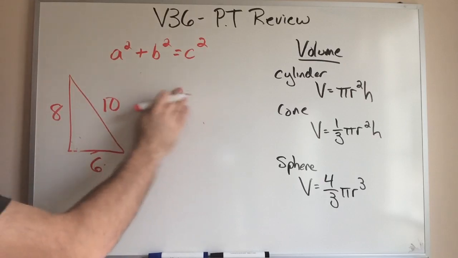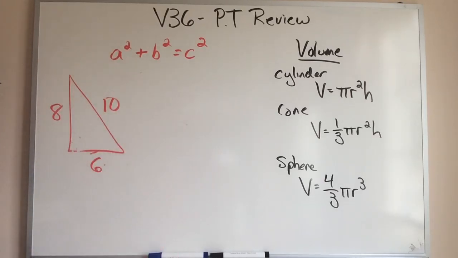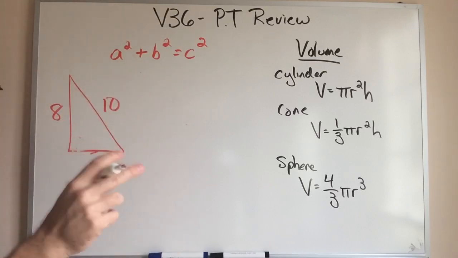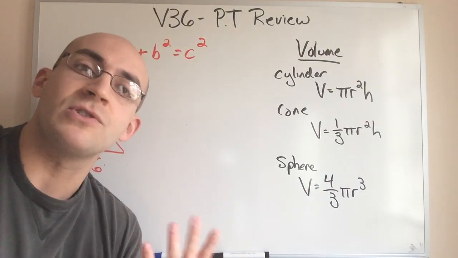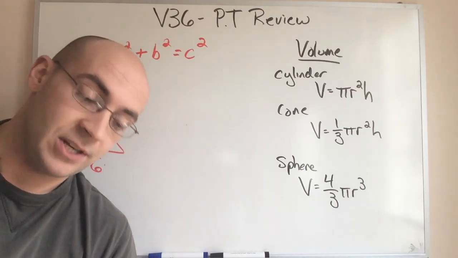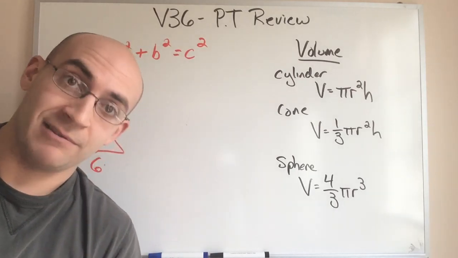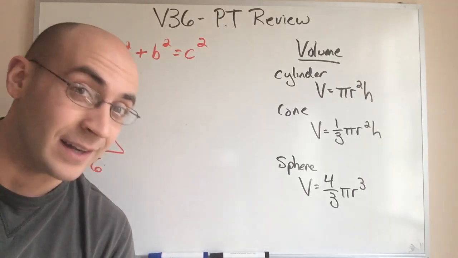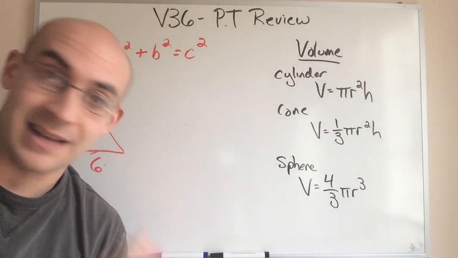And the question is, for converse, is it a right triangle? Well, I'm going to plug in the values that I know into the formula and see if it becomes a true statement. So remember, if it's a true statement, both sides are going to equal each other, which means, yes, it would be a right triangle. If both sides don't equal each other, even if they're off by 1, it still is no. It's not a right triangle.